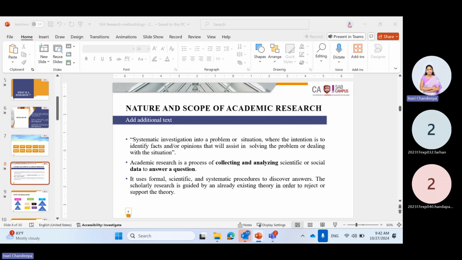In academic research, we can generalize the findings to other persons, other organizations, other groups. Therefore, academic research is totally different from practical or professional research. Academic research focuses on theory-based developments.